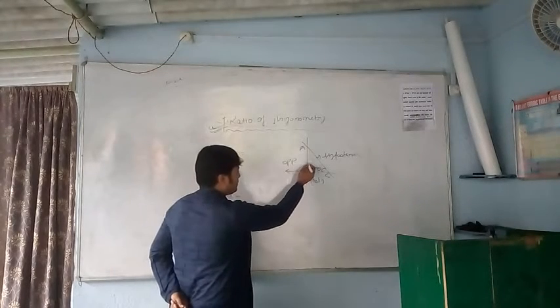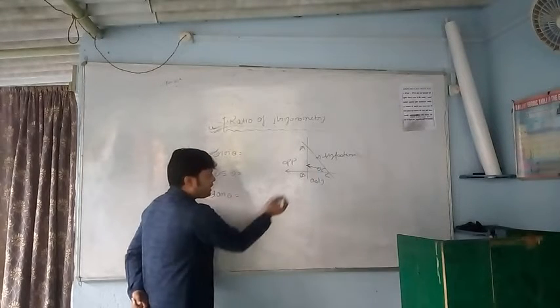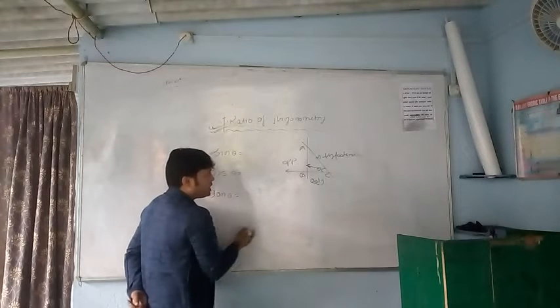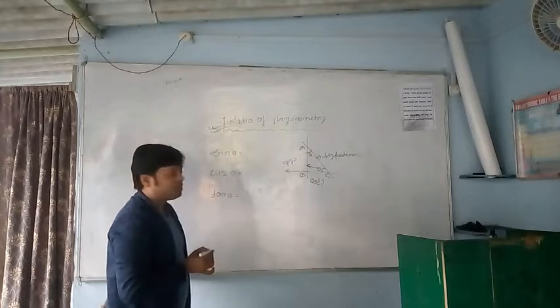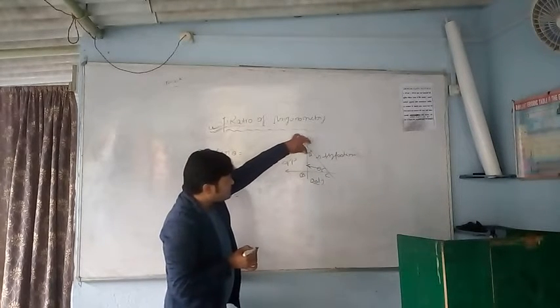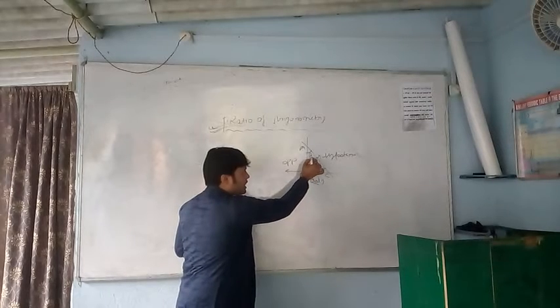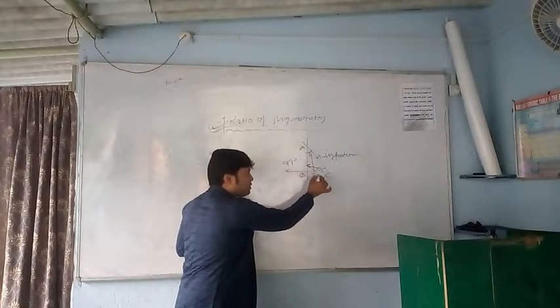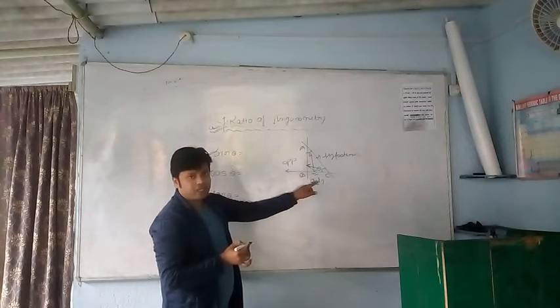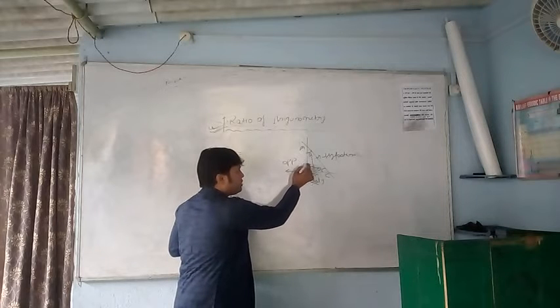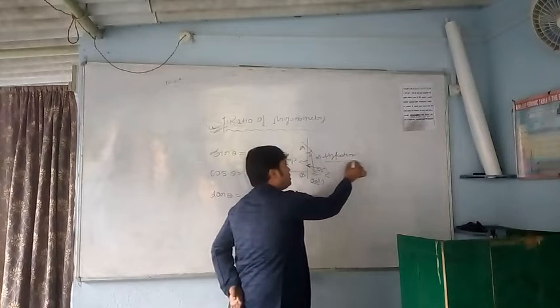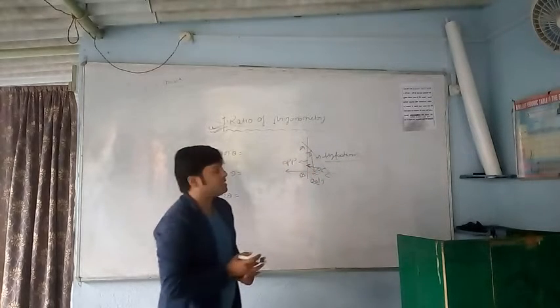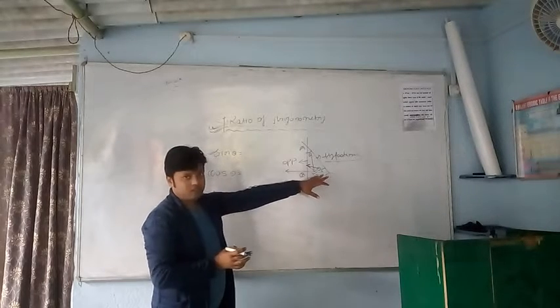If we put theta here, the opposite side becomes BC, and this one becomes the adjacent side. But remember, the hypotenuse doesn't change.